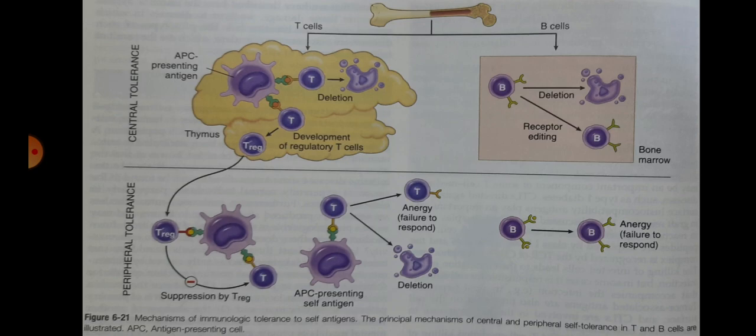When developing B cells strongly recognize self antigens in the bone marrow, many of the cells react by turning on the machinery of antigen receptor gene rearrangement and begin to express new antigen receptors not specific for self antigens. This process is called receptor editing.